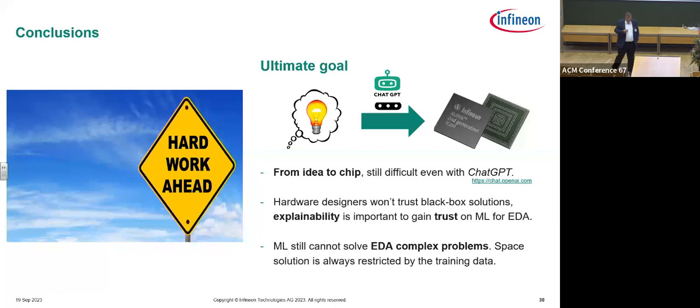Also important, at least our finding is that machine learning cannot solve complex EDA problems, but if we have very targeted solutions, as we have seen in all the talks before, system level optimization, power estimation, other things, then machine learning is a very powerful tool. And I'm sure that this will change the way we do design, and how fast we can make new designs. This is my final conclusion.